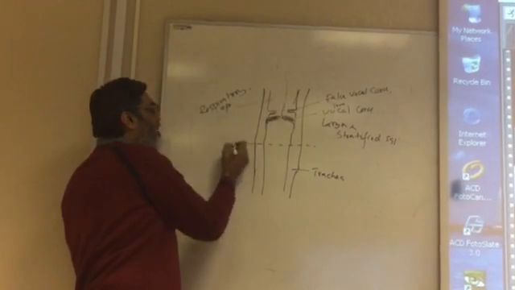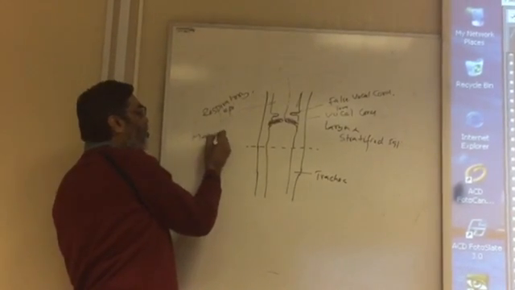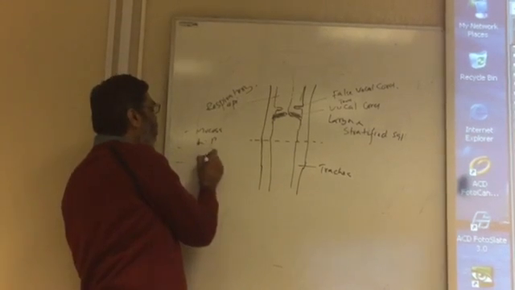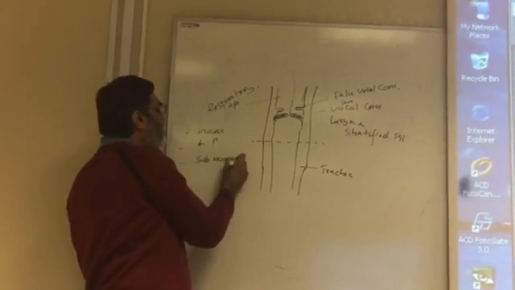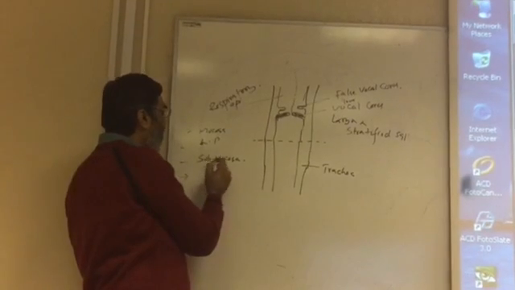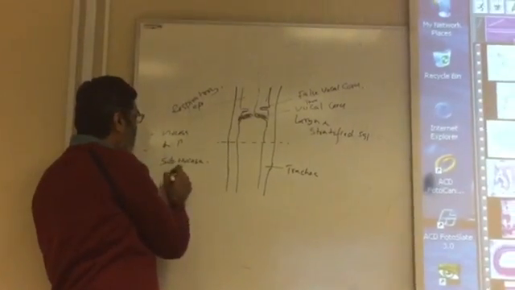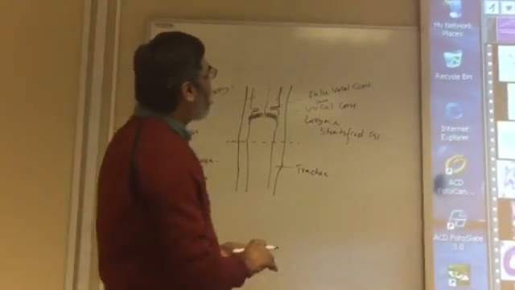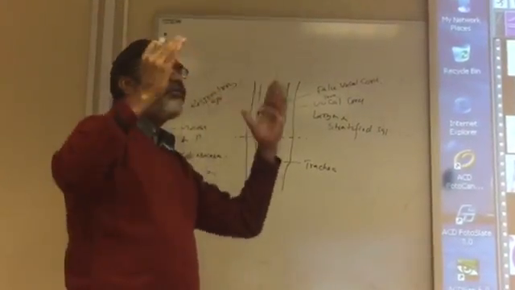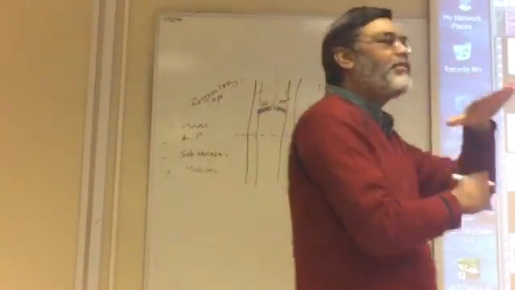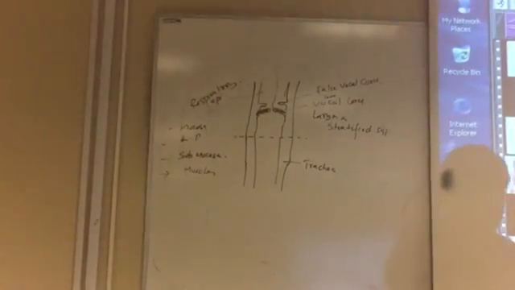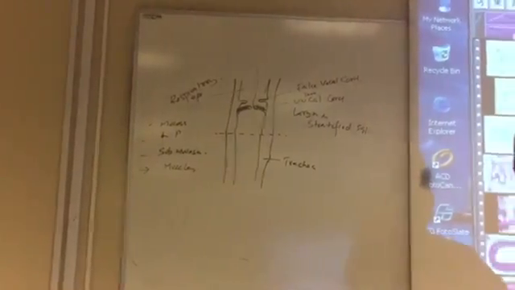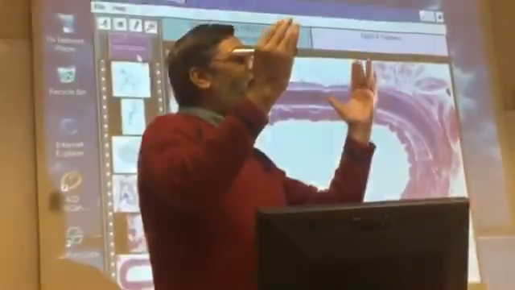Like we have mucosa, then we have lamina propria within the mucosa, then we have submucosa, and then outside we have the muscles. So the structure is more or less the same, except the vocal folds have stratified squamous epithelium, and inside they have skeletal muscle which controls their movements.